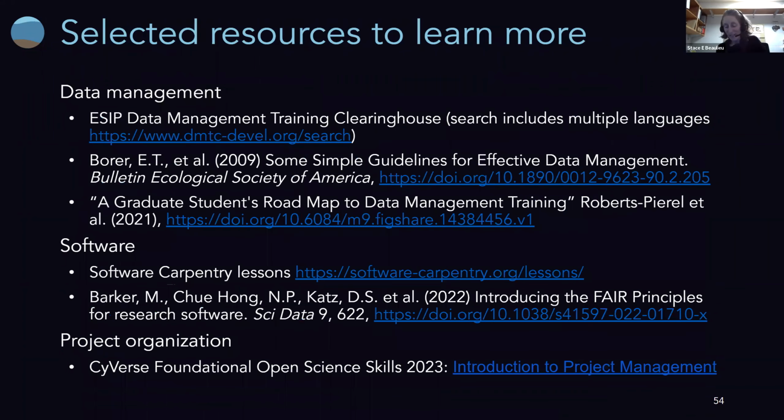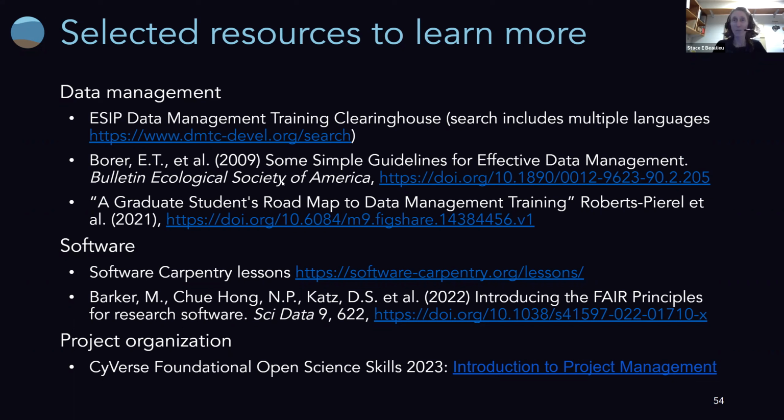There are so many resources to learn more, so I'm selecting just a few here to highlight. One is a searchable clearinghouse, and I've mentioned ESIP, the Earth Science Information Partners, earlier. This is a data management training clearinghouse where you can search on the different holdings, and it includes multiple languages. The second item is one of the links from the infographic.